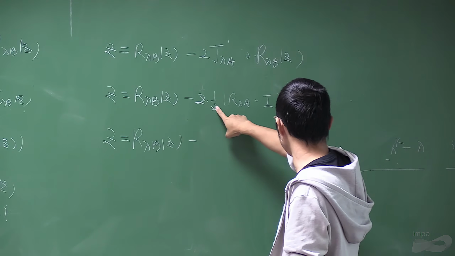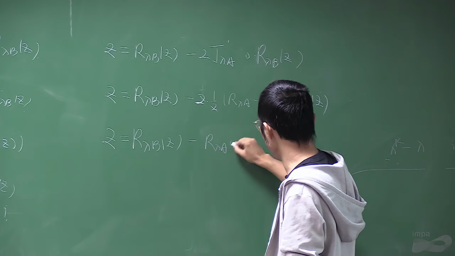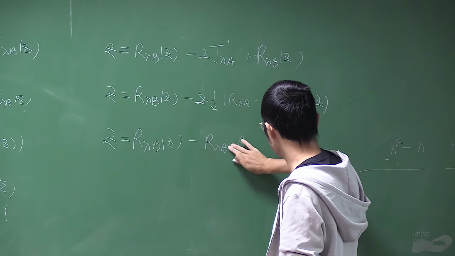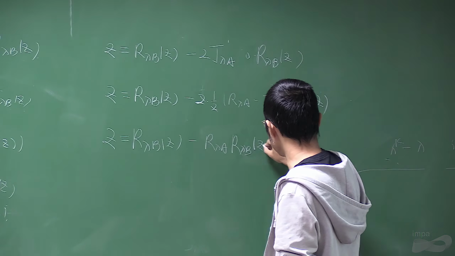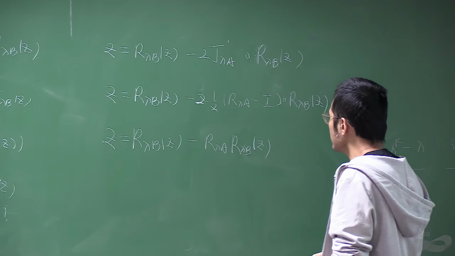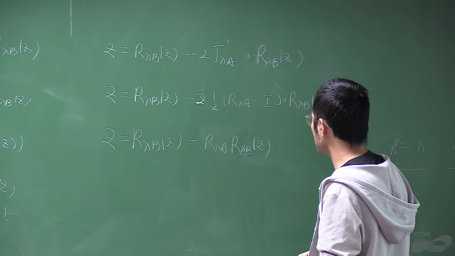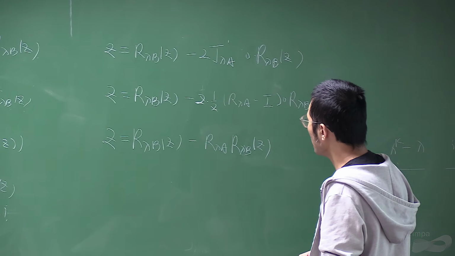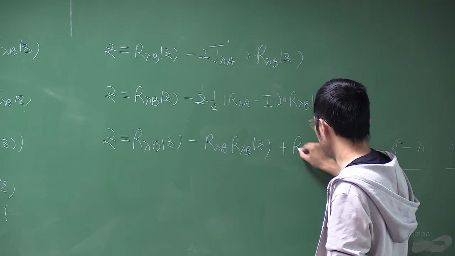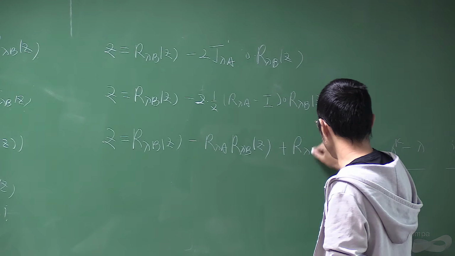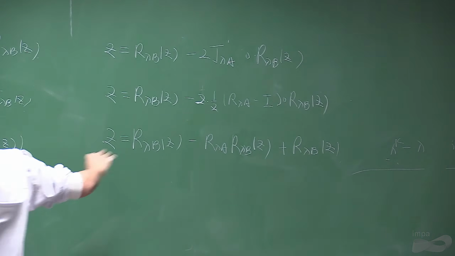So this is 1 here, and the first part is reflection of A, composition with reflection of B of Z, and the second part is plus the resolvent of B Z. There should be some minus 1.